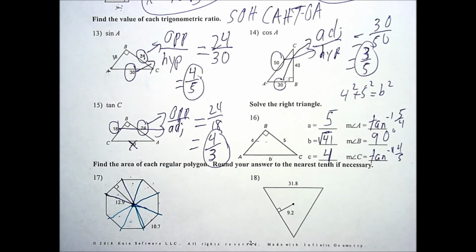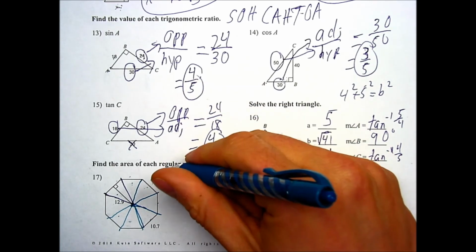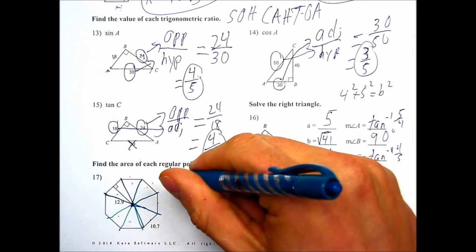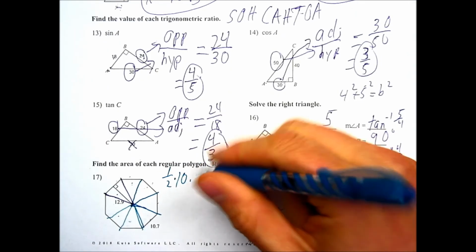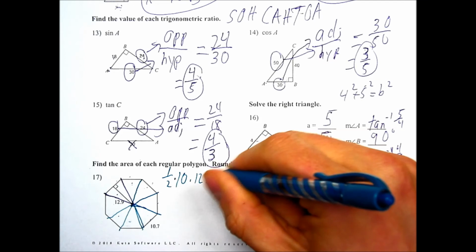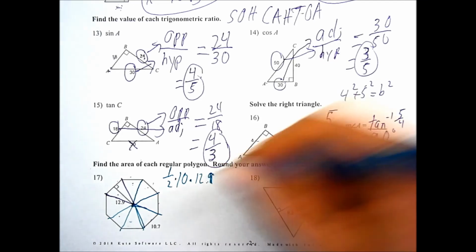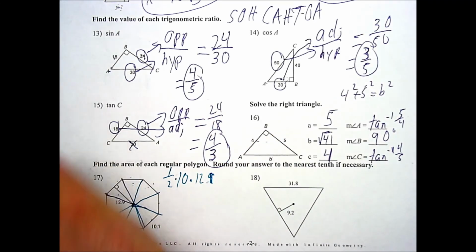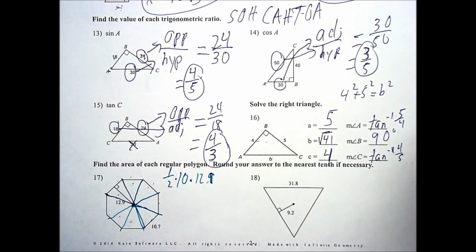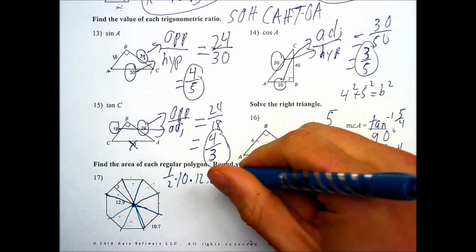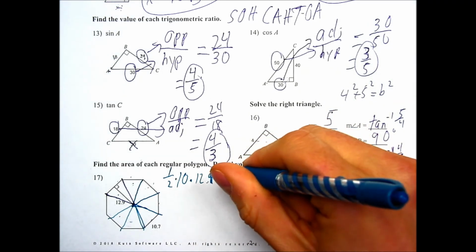And they all have an area of half of 10.7 times 12.9. So I'm going to take half of 10.7 times 12.9. That's going to be 69, about 69.